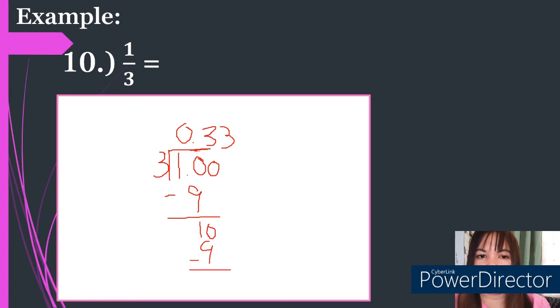Okay, 1. So, pag ganito po, hindi na po natin siya itutuloy-tuloy kasi this is considered as a repeating decimal. So, what we are going to do, maglalagay tayo ng bar kung saan yung naulit. Kasi kahit ipagpatuloy natin yan, possible na magtutuloy-tuloy pa rin siya sa 3.